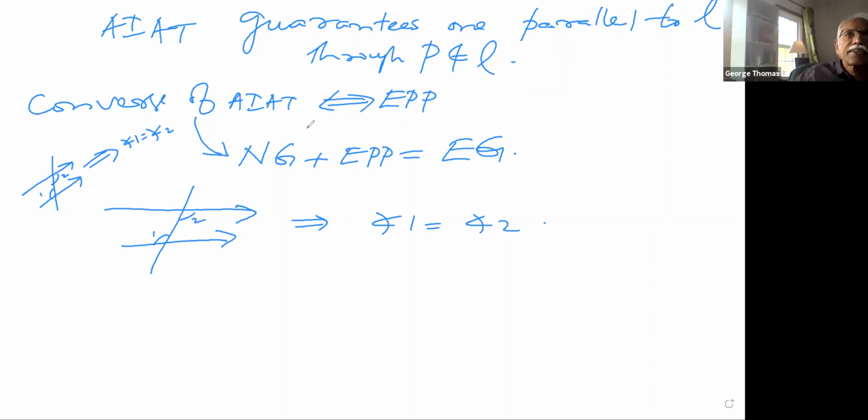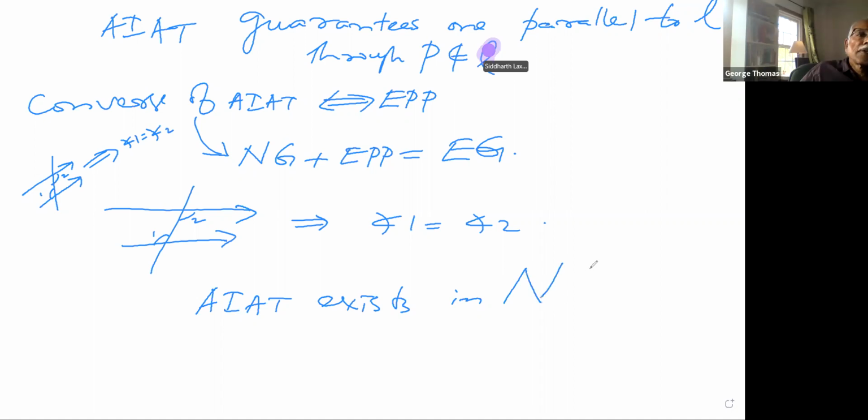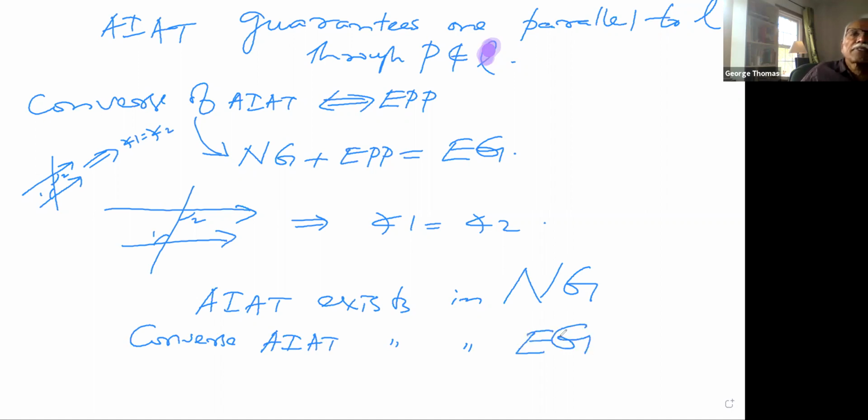You see, AIAT exists in what geometry? Neutral geometry. Converse of AIAT, where does it exist? Euclidean geometry. Is this now clear?